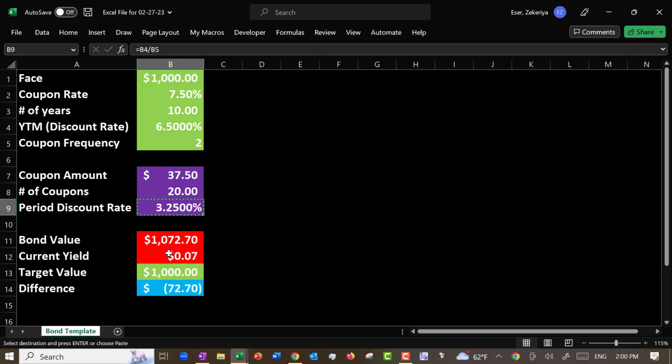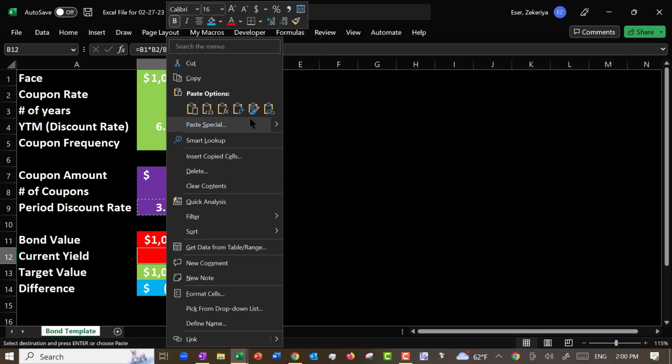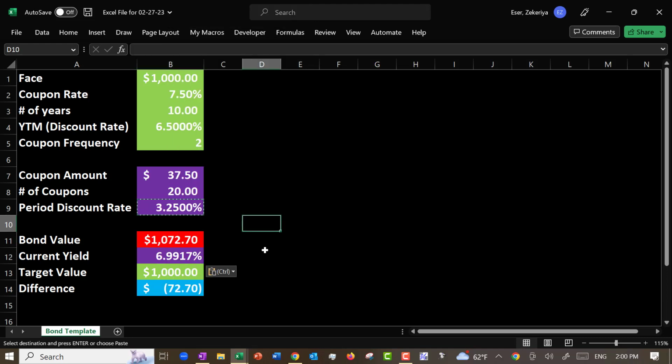As you can see, yield to maturity is lower than the current yield, which is lower than the coupon rate. In the rare case that bond value is exactly equal to the face value, that's called a par bond. Then coupon rate, YTM, and current yield will be exactly the same.